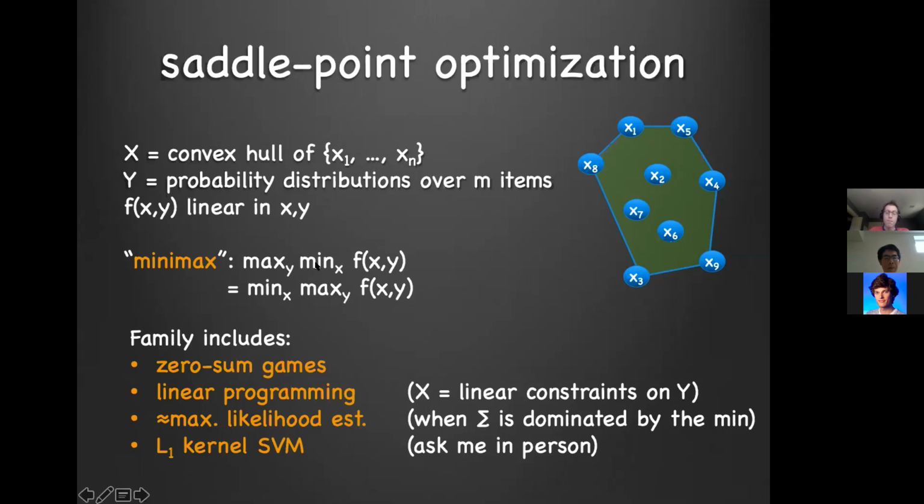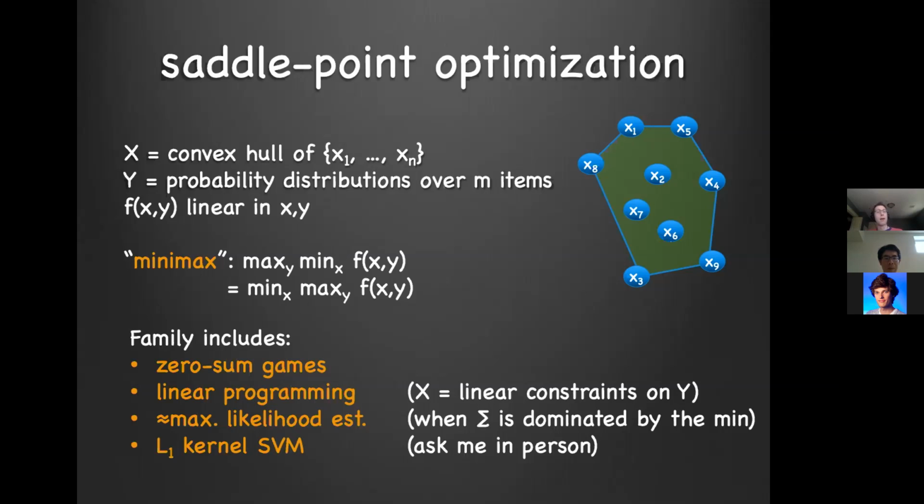The difference between maximum likelihood estimation and this thing is that we have a sum over X instead of a minimum. But if that sum were dominated by the minimum, like the sum over all your data points were dominated by the worst data point, then that would correspond to this. And so this can be an approximate version of maximum likelihood estimation.